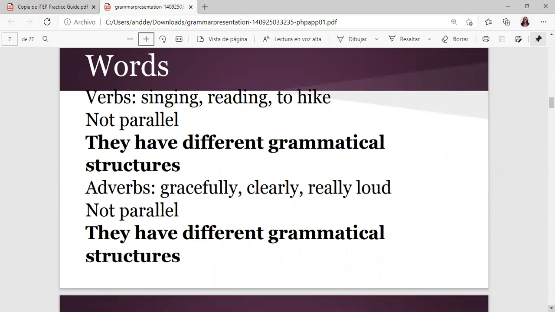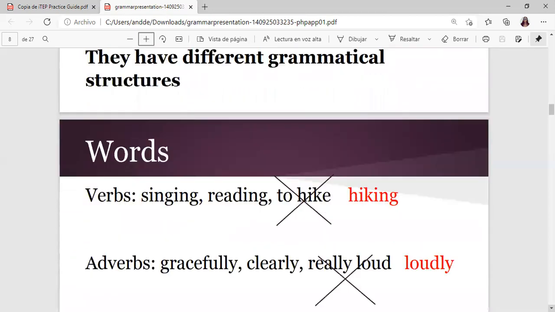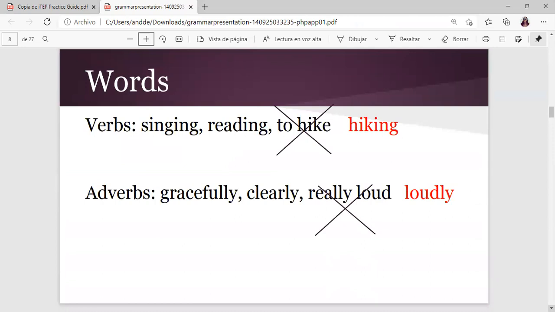Again, gracefully, clearly, and really loud are not parallel, because they have different grammar structures. Now, the verbs would be all in -ing form: singing, reading, hiking, and the adverbs will be gracefully, clearly, and loudly.